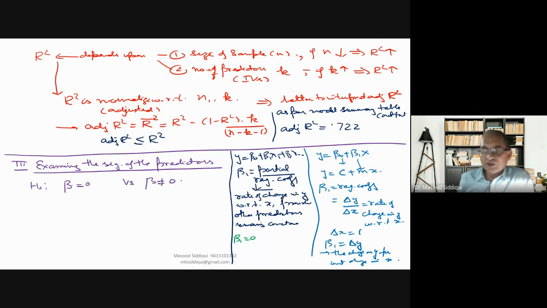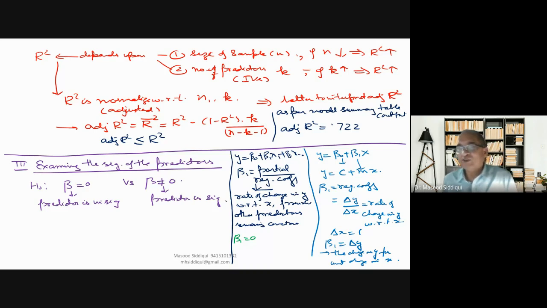If beta is 0, we say that the corresponding predictor, the corresponding independent variable, is inconsequential, is insignificant. And here we say that the corresponding predictor is significant. So we examine whether beta equals 0 or not.